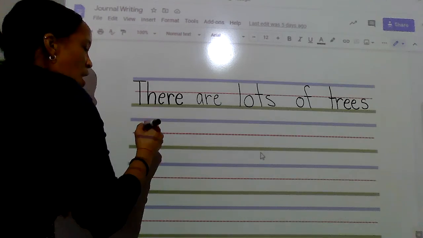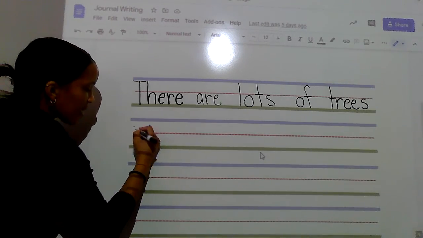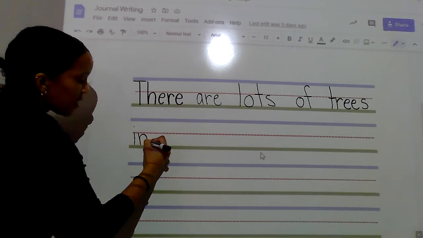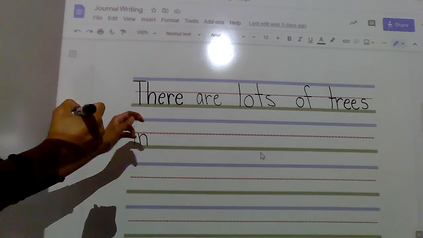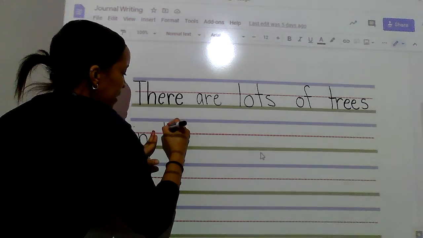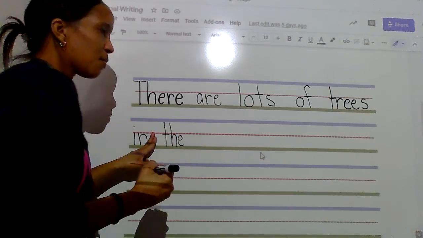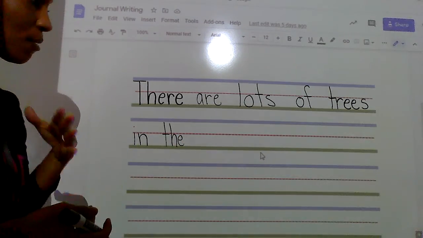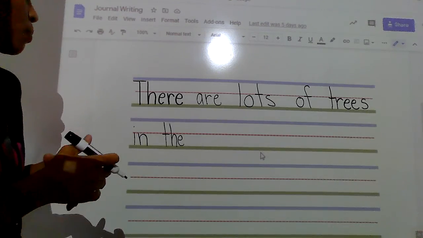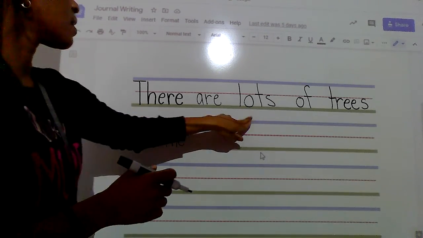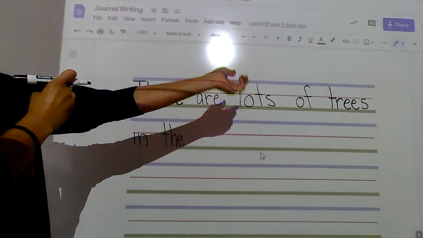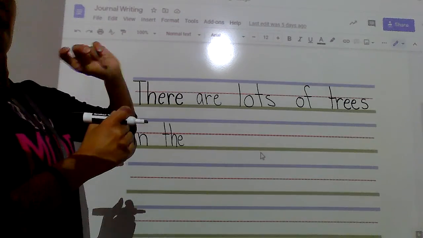In. Power word. Spell it. I, N. The. Another power word. Yell it out. T, H, E. See, once you know all these power words, a lot of times you don't really have to sound out a whole lot because we know the words. There are lots of trees in the, what ecosystem are we talking about today?